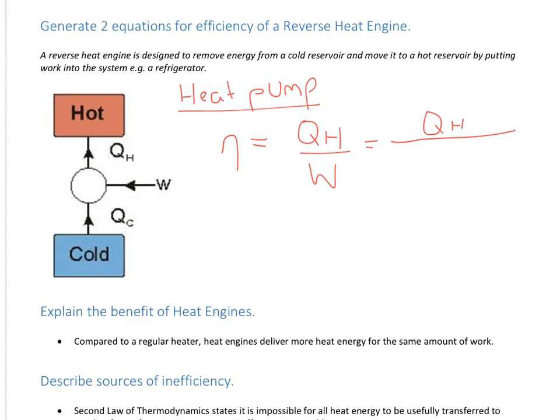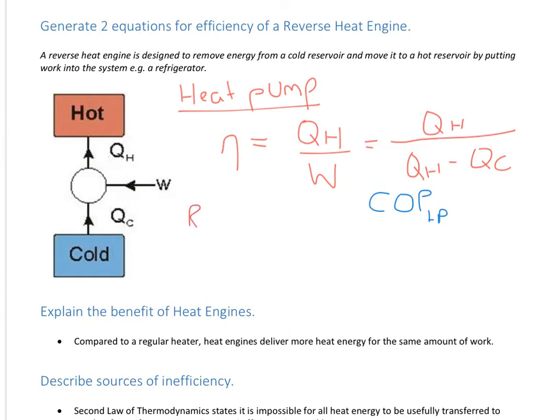And here is your work done, so that's going to be, in this case, QH minus QC. And this is known as the coefficient of performance of the heat pump. So essentially it's a measure of how good it is at pumping heat.